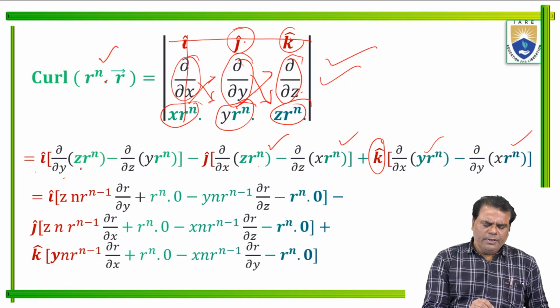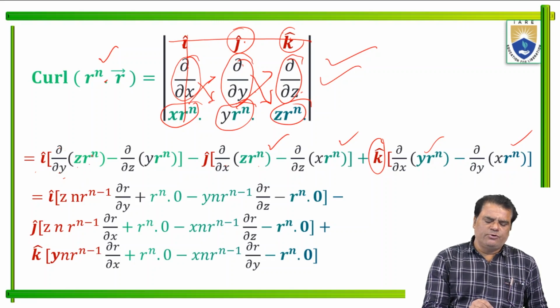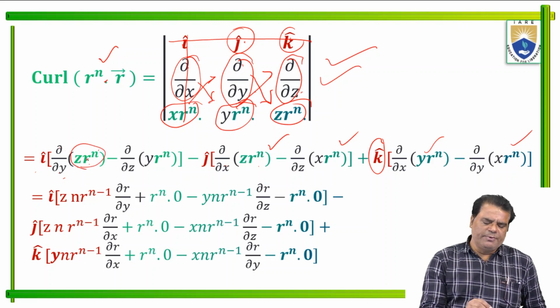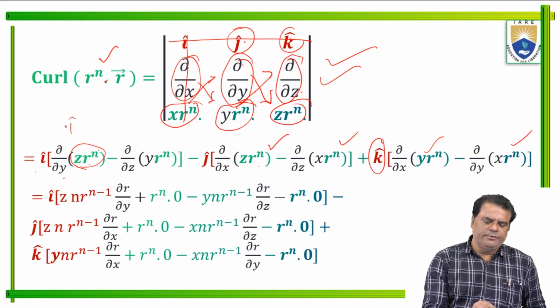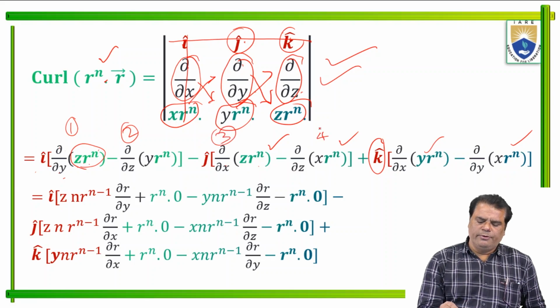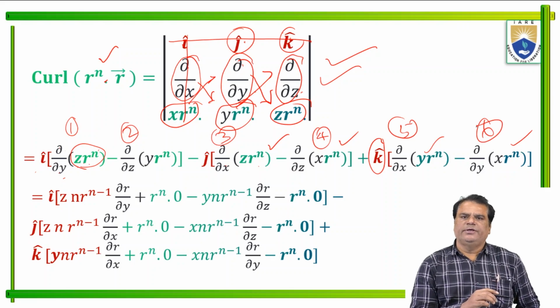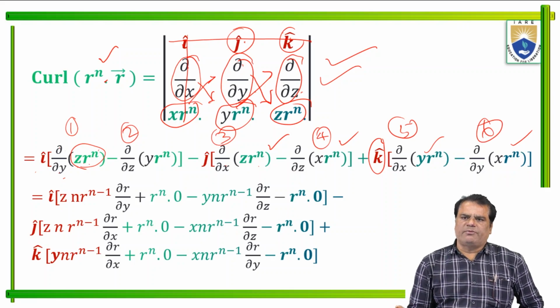So now here differentiating with respect to y, z r to the power n. Here two functions are multiplied, so we apply the product formula. There are 6 terms, and in each term we apply the product formula.